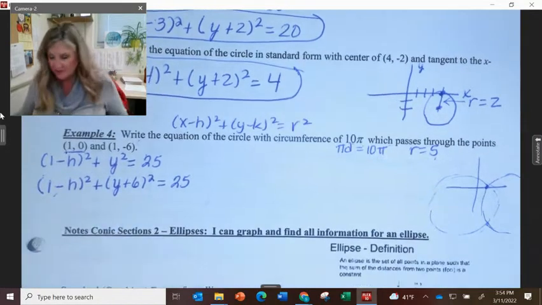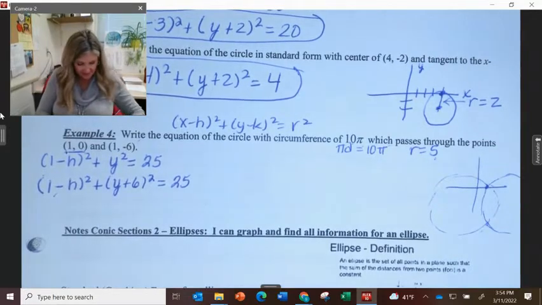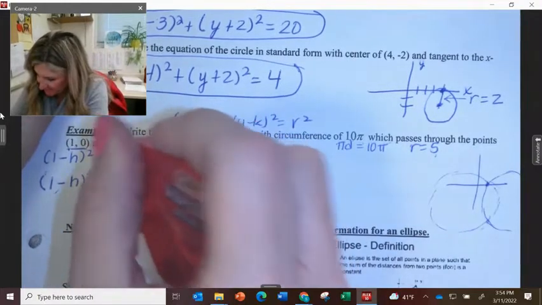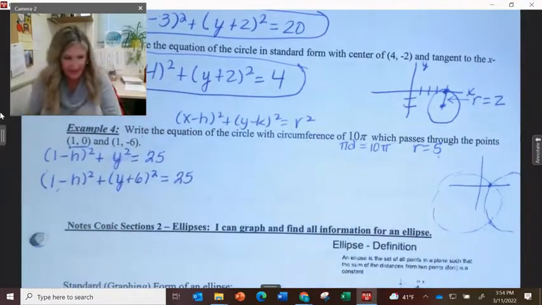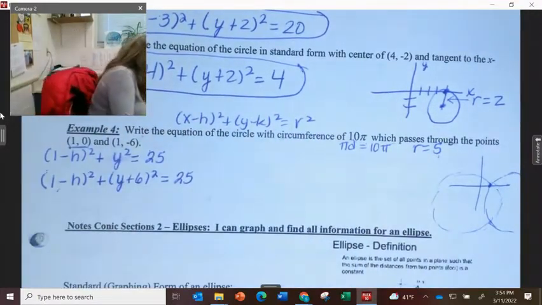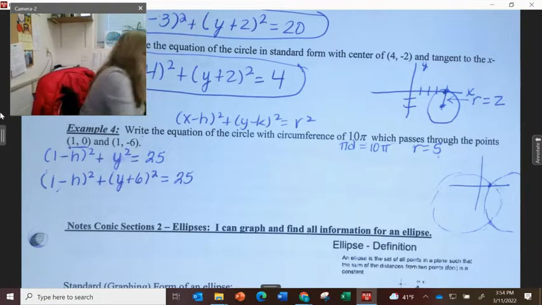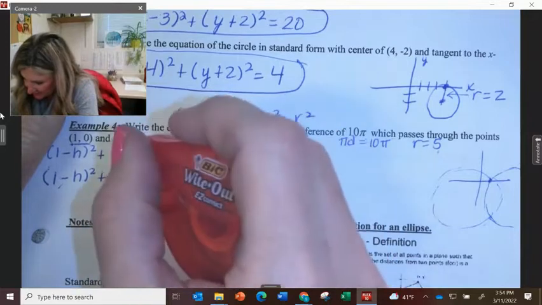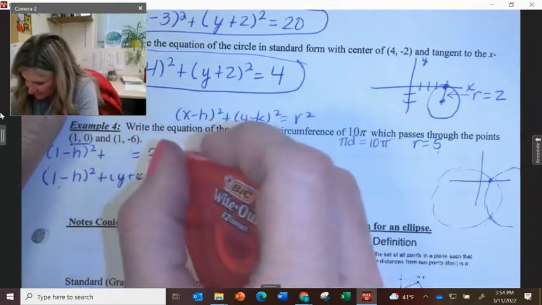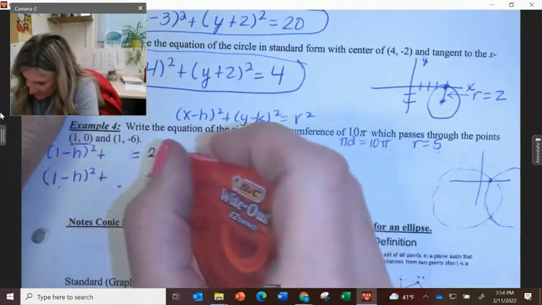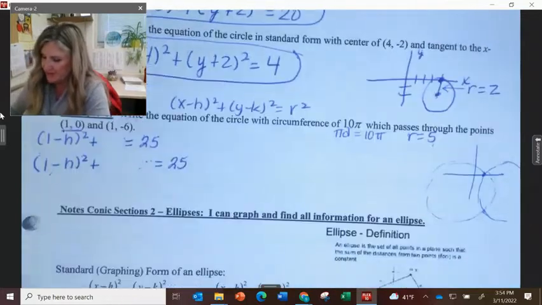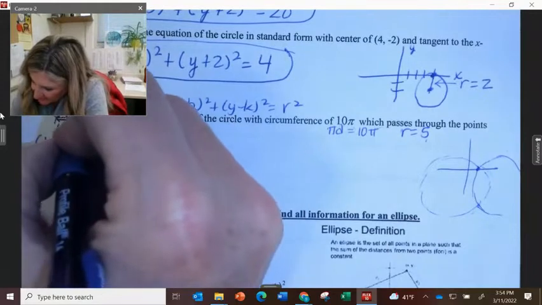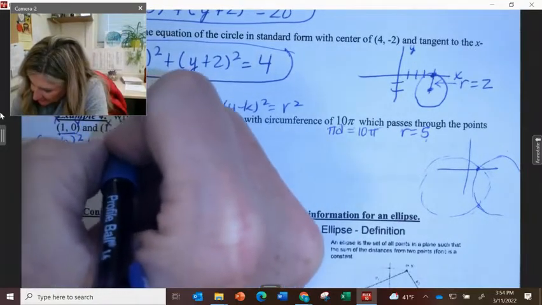Oh, hold on a minute. I meant to use, it's not quite right. Let me change this. I know y, I don't know k. Maybe some of you caught that as I was going through it. Okay, here we go. This is x, this is y, this is x, this is y.